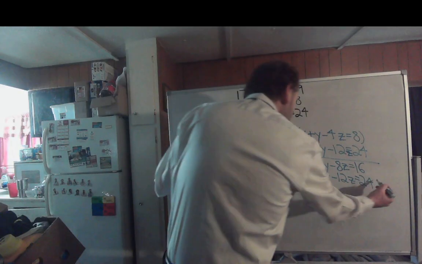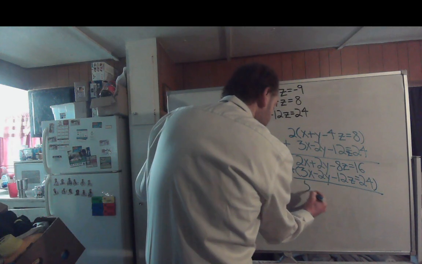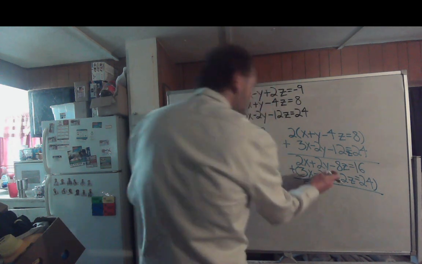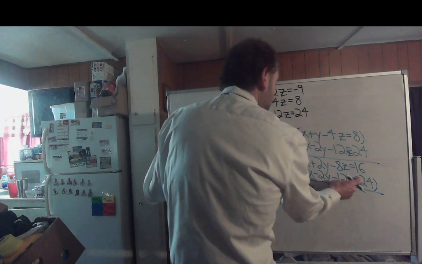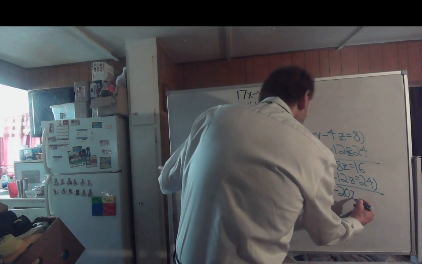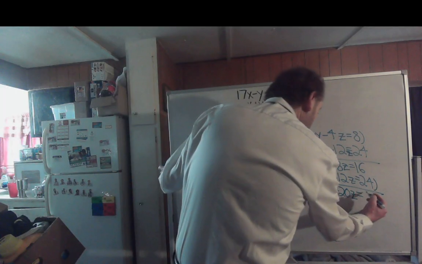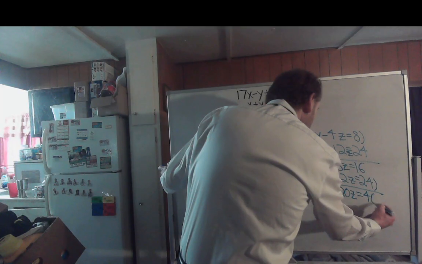Let me add these up. 2x plus 3x is 5x, 2y minus 2y, the y's go away, minus 8z minus 12z is minus 20z, which is going to equal 16 plus 24, which is 40.